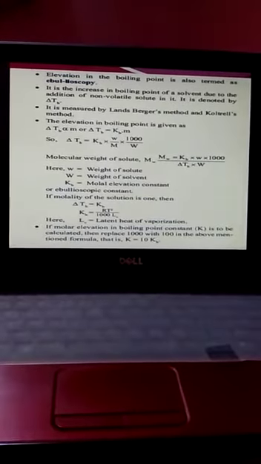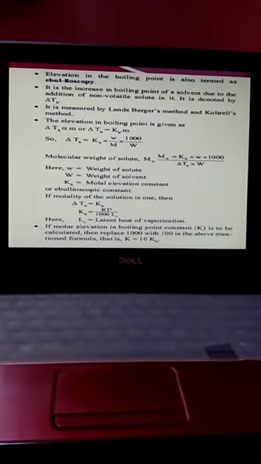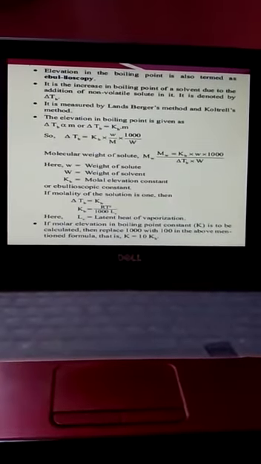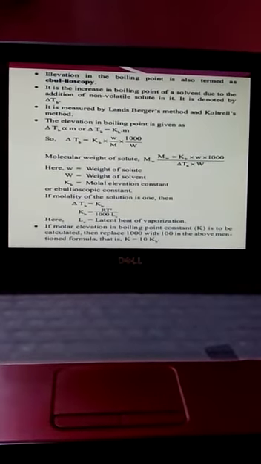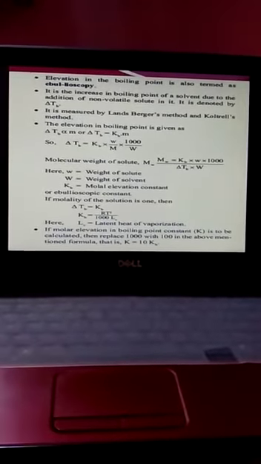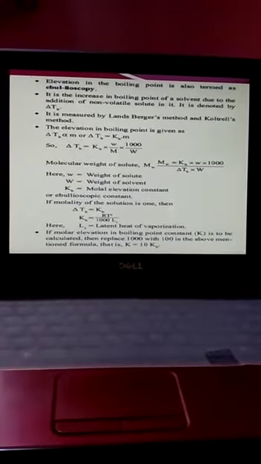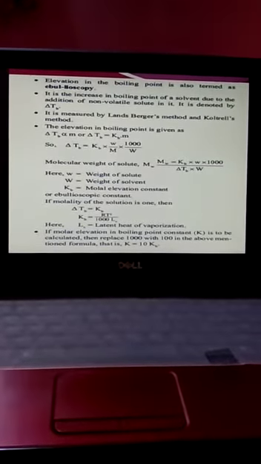Therefore, delta Tb is equal to K nb upon Wa into Ma, where nb upon Wa, when we take Wa in kg, that is 1 kg of the solvent, represents the molality, the number of moles per kg of the solvent.